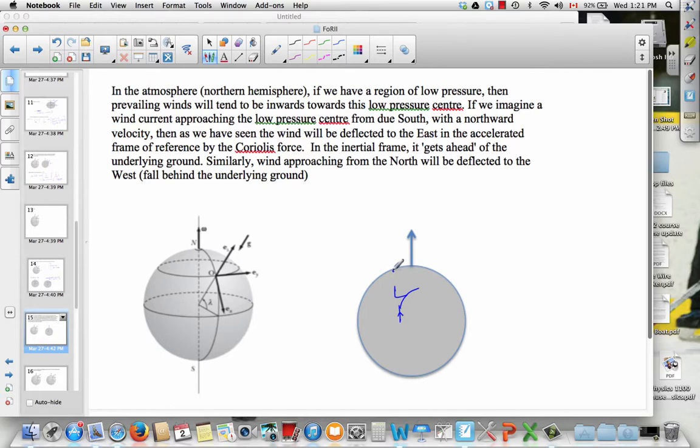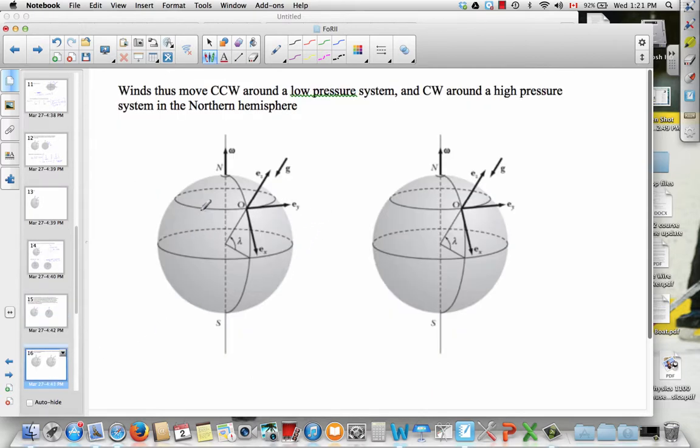If they flow in from the north, then they'll be going more slowly than the ground where under the low pressure region, so they'll be deflected towards the west. So that means that if you've got a low pressure center here, the winds actually, as we've just seen from our Coriolis argument, circle around it in an anti-clockwise or counterclockwise sense in the northern hemisphere.